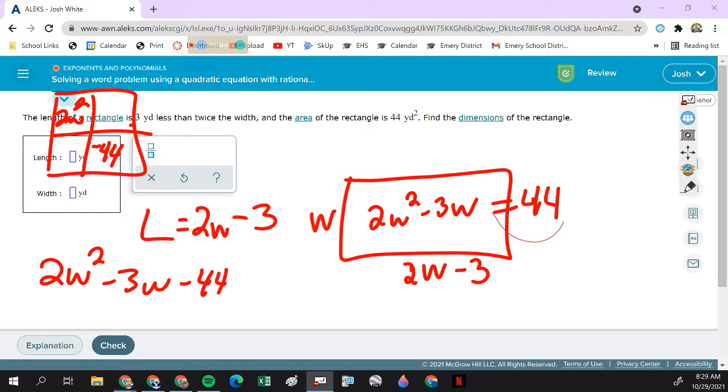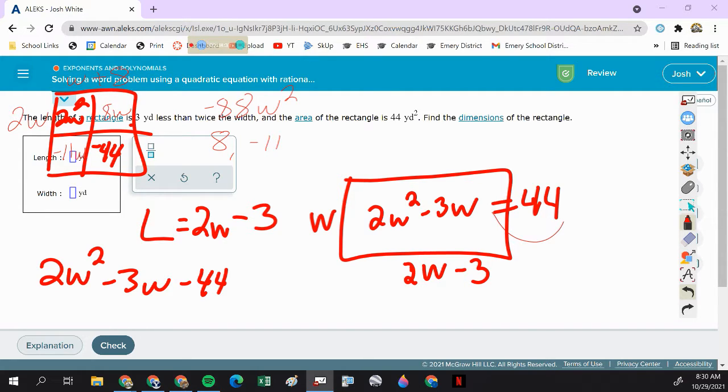All right. 2 times -44 is -88W squared. Are there factors of -88 that add to be -3? 8 and -11. So 8W, -11W, pull out a 2 and a W, and I get W plus 8.